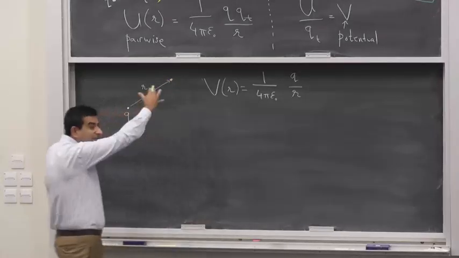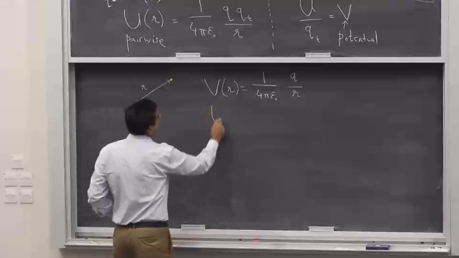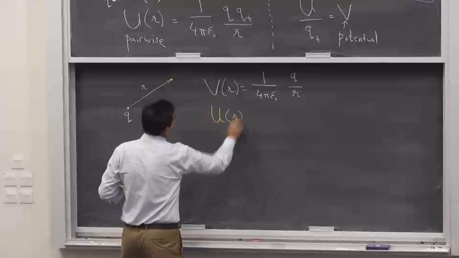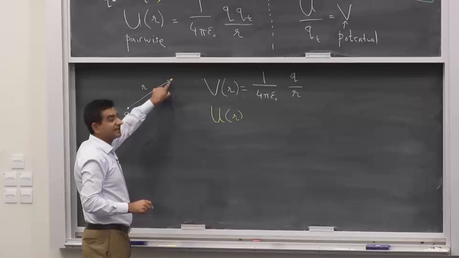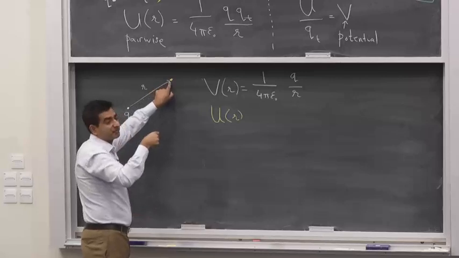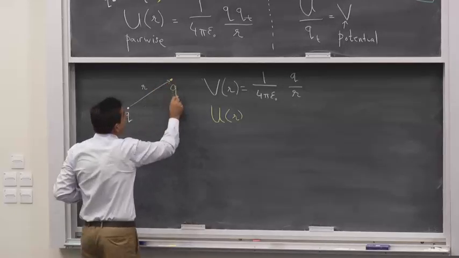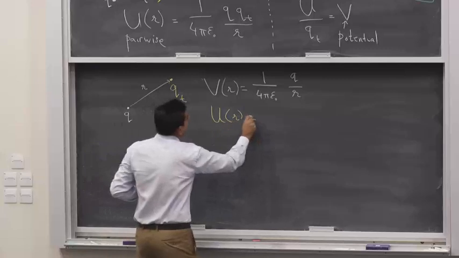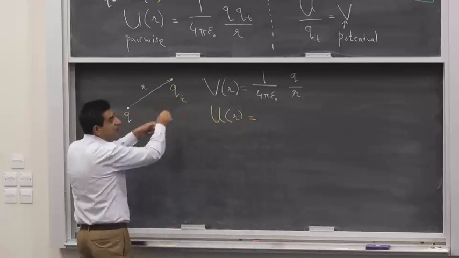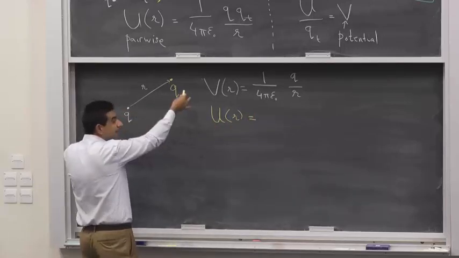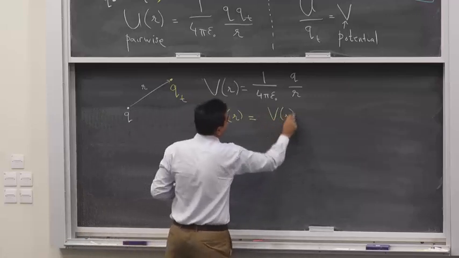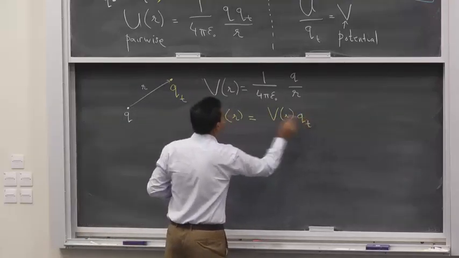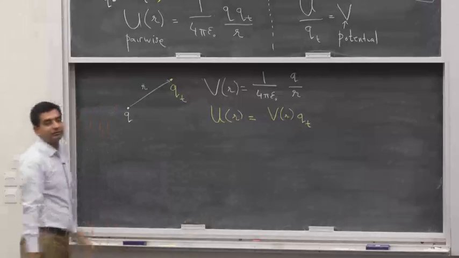Then I can define a potential energy of this test charge at this point, when it is placed at this point and fixed in its position here. So if my test charge is now Qt, then my potential energy of the test charge and consequently of the entire system is going to be Vr, the potential at this point, times the test charge that I placed at this point.